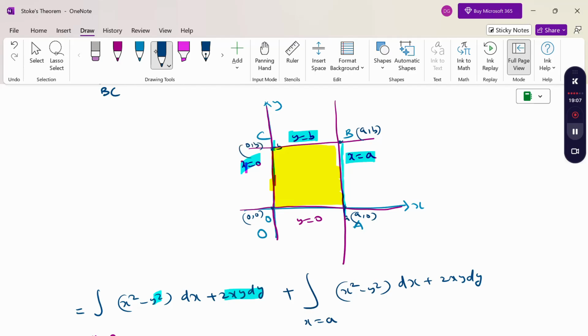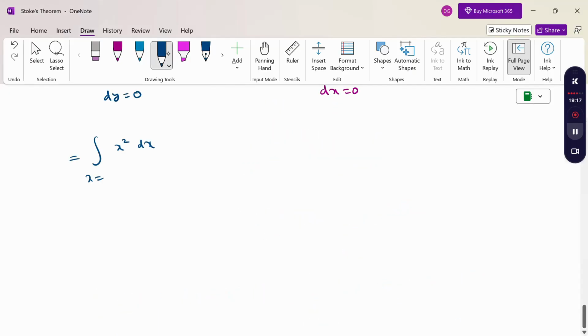From O to a, what is the x range? x goes from 0 to a.